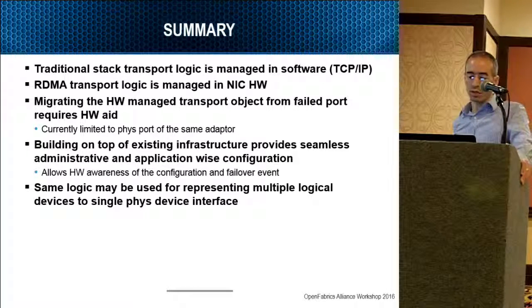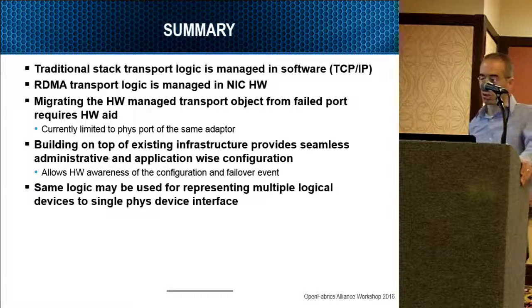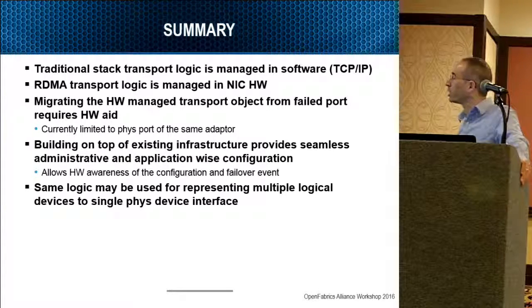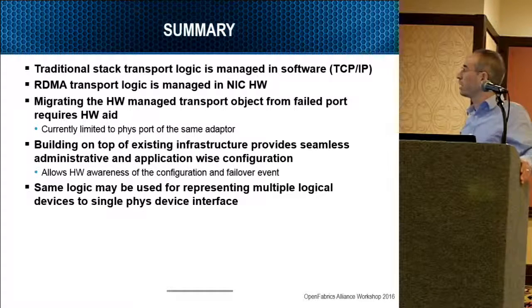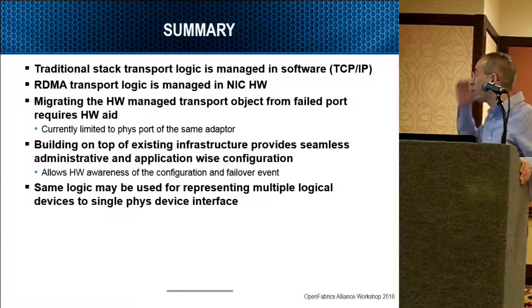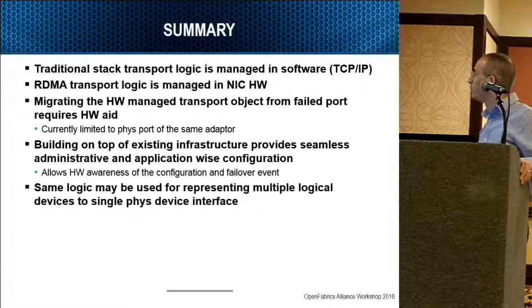We see here that by building a solution based on existing infrastructure, we can provide a pretty much seamless administrative and application-wise configuration. The application sees a single interface, like a socket API.